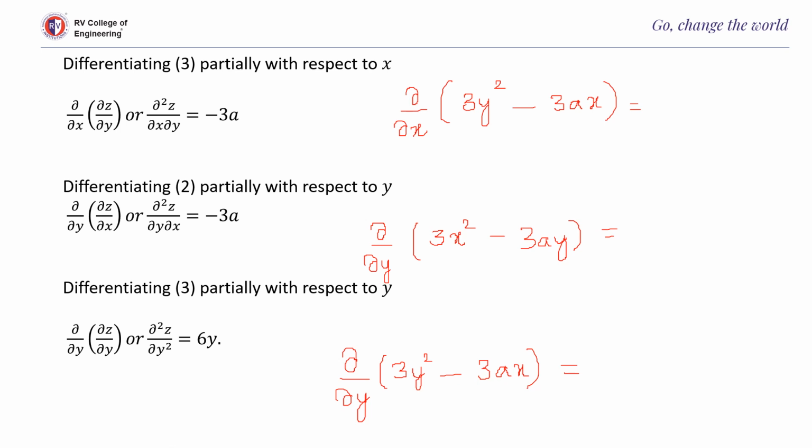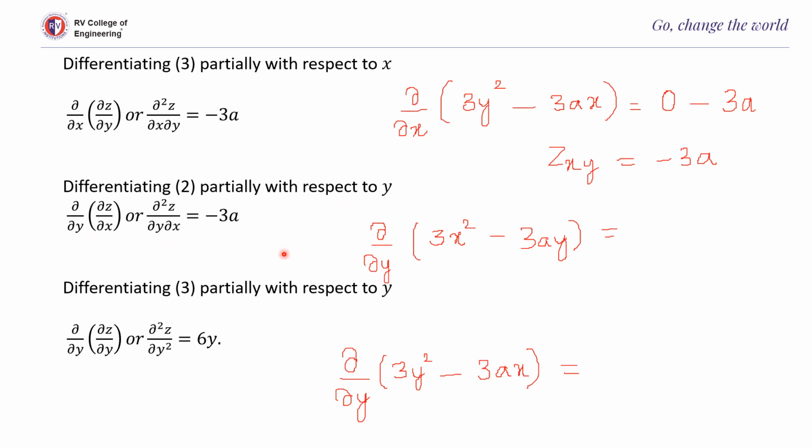Therefore, the differentiation of the first term becomes 0 and the differentiation of the second term will be −3a. Therefore, we get zxy as −3a.